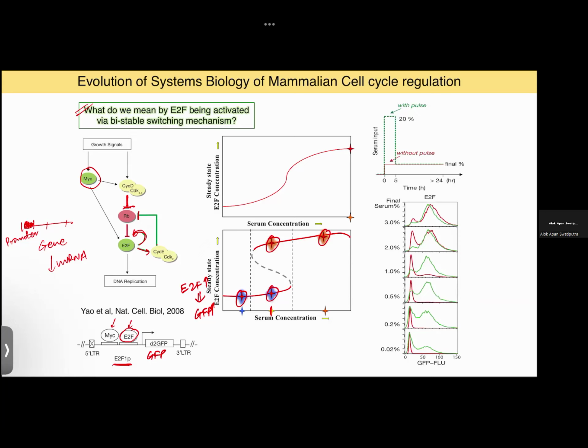How was the experiment done? For the low to high situation, they looked at the red lines, where the without-pulse condition is mentioned in red. This is a FACS experiment, which is fluorescence-assisted cell sorting.